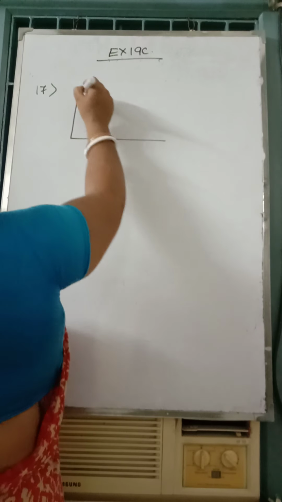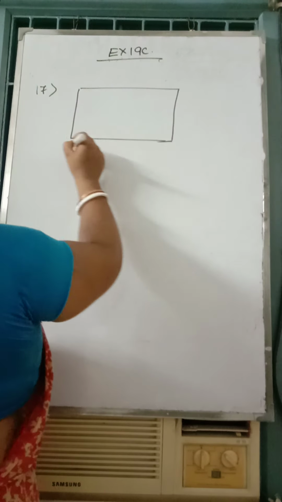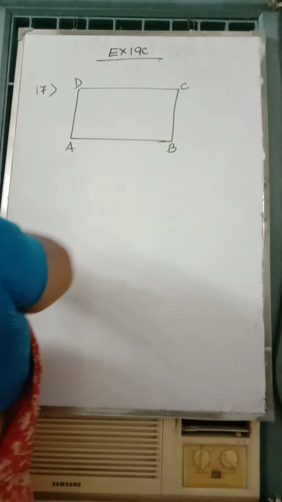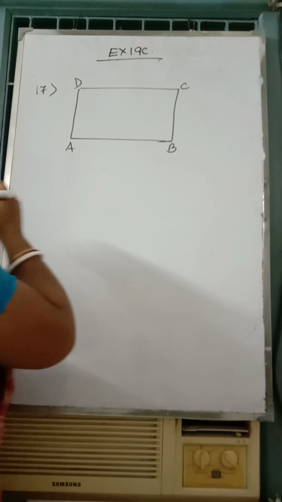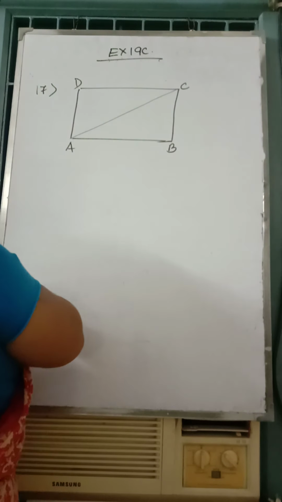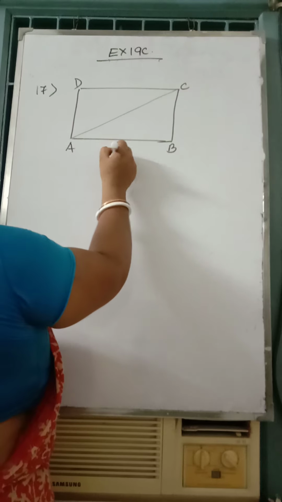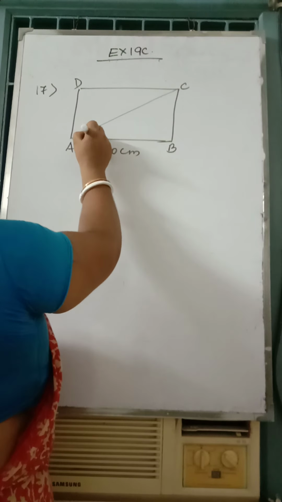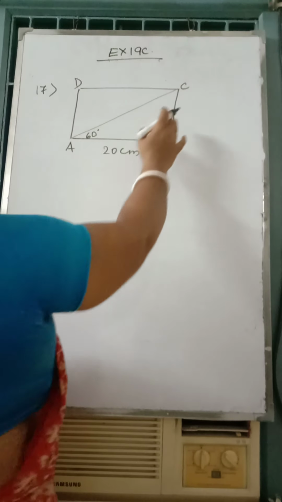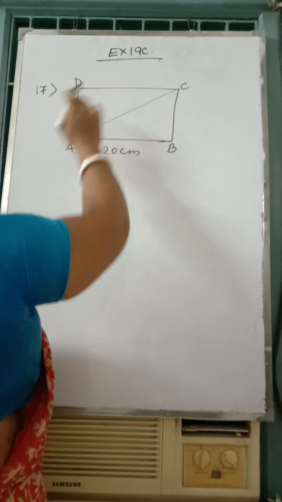There is a rectangle A, B, C, D. AC is a diagonal. Now it says AB is 20 centimeter, BAC is 60 degree. They have asked calculate side BC and the diagonal AC and BD.